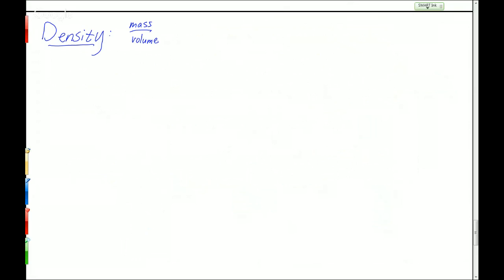Like, what is it a measure of? What does it mean for something to be more dense than something else? Do you have a sense of that?